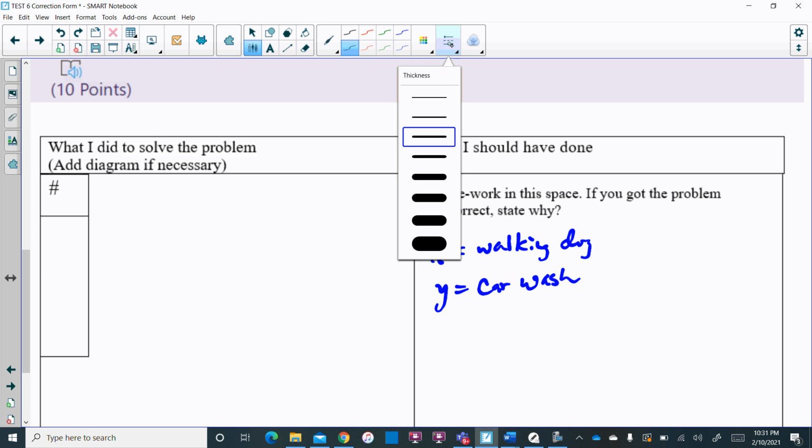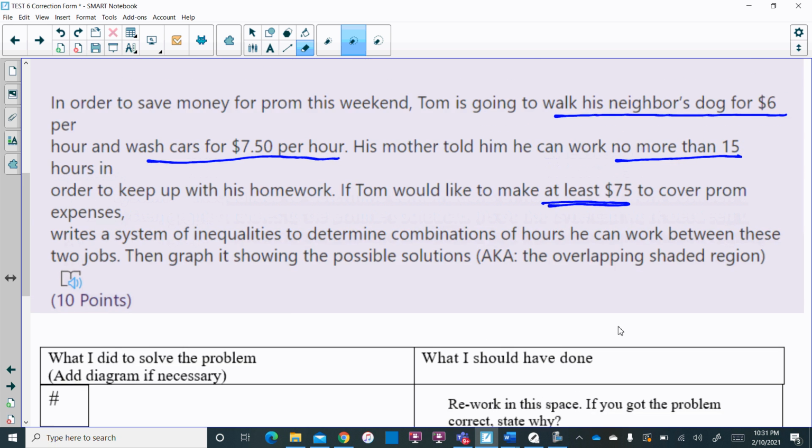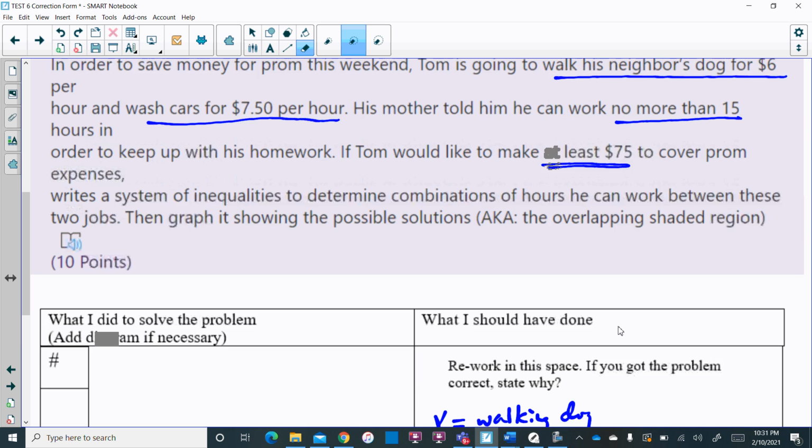So what I was looking for to start off was that walking the dog was $6, so we're looking at 6x plus 7.50y. And it's not going to be equal here, because the keyword says he needs to earn at least $75.